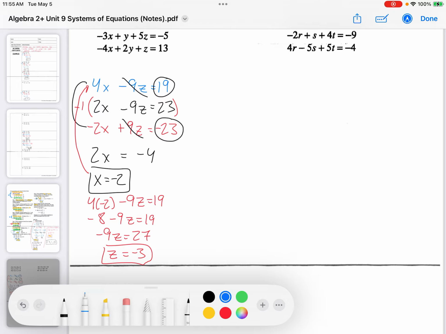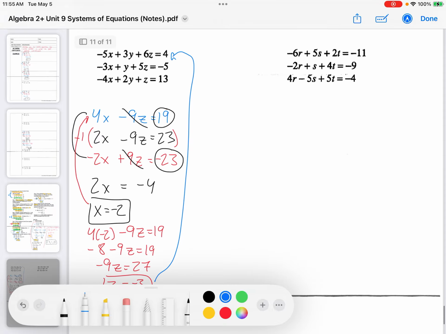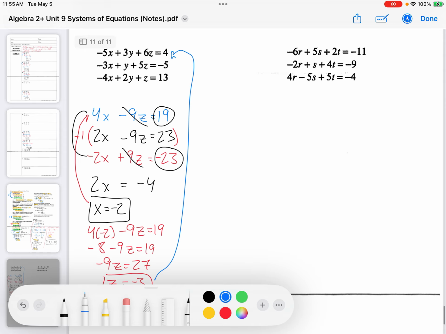So lastly, now that I know that x equals -2 and z equals -3, we're going to go all the way back to one of the original equations. So we can use the first one, second one, third one, doesn't matter. I'll just use the first one. So I've got -5 and x is -2. Plus 3y plus 6 and z is -3 equals 4.